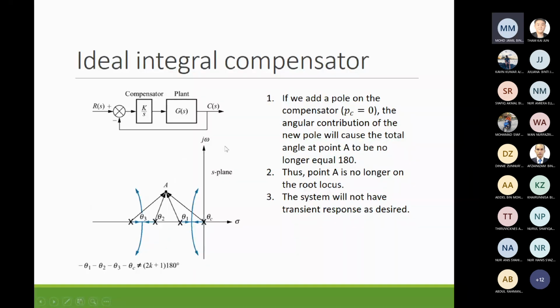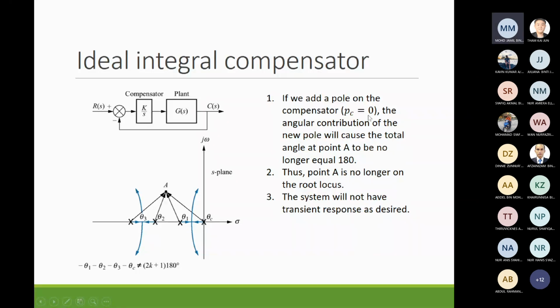Now let's say we add a compensator, which is K over S. If you look at this compensator, K over S, the pole of the compensator is at 0, S equals 0.